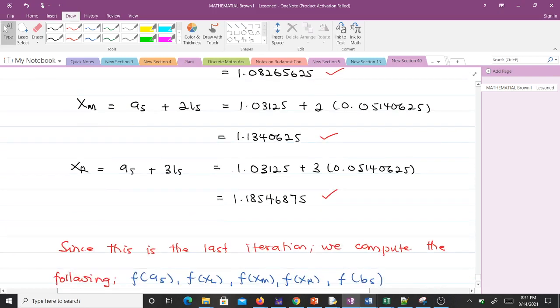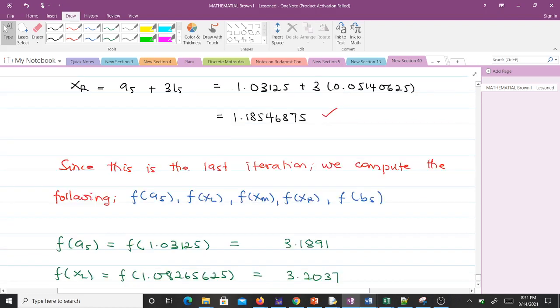Alright. So since this is the last iteration, we compute f of XL, f of XM, f of XR, and we add the end points to it. That is A5 and B5. So you compute f of A5 and what? f of B5 as well.